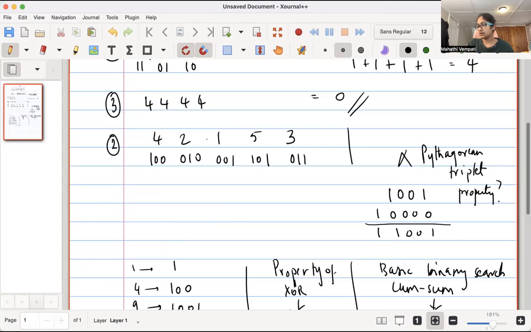So size 1, 1 and 2. Size 2, not this, not this, this, right? This is 4. And this is 1106. No. Size 3. 1117.